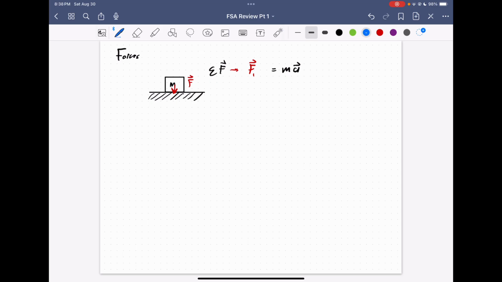That means that the ground is applying an equal and opposite force, right? So in this case, we can say every force has an equal and opposite force.